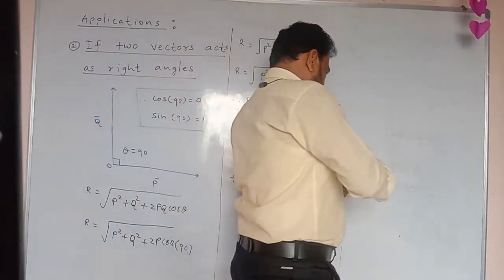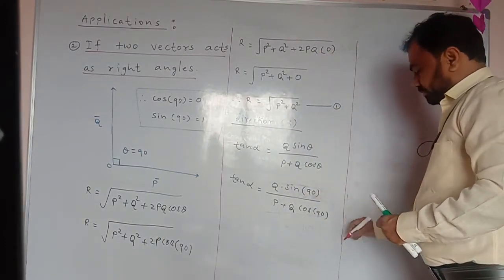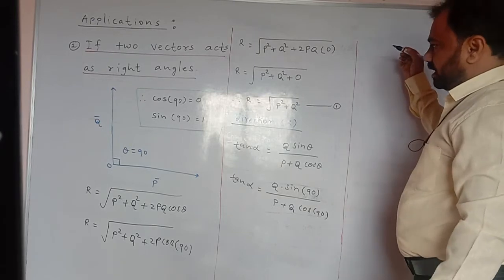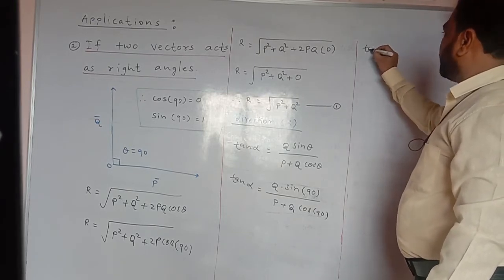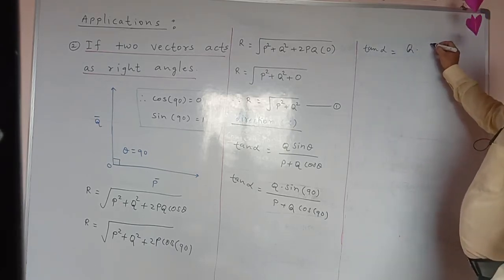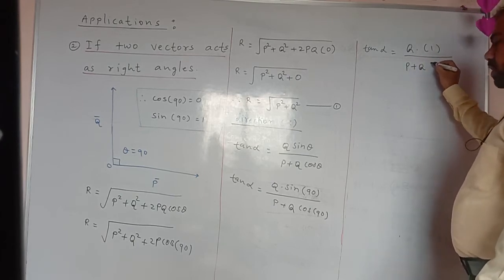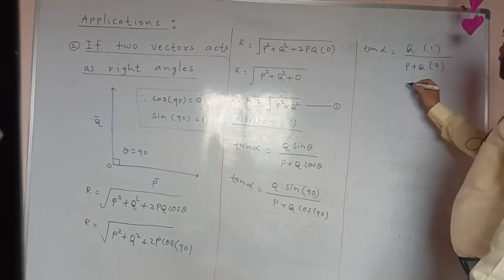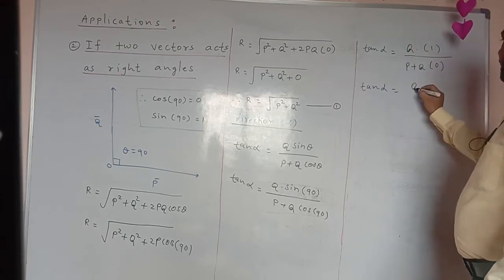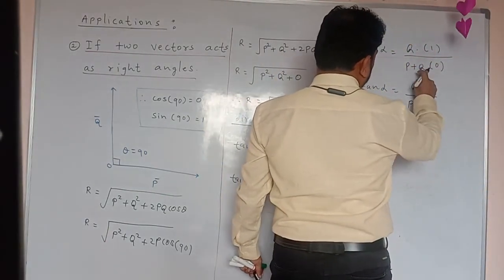Putting the values, tan alpha is equal to Q into 1, that is Q, upon P plus Q into 0.